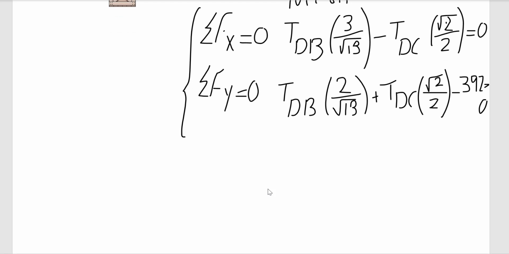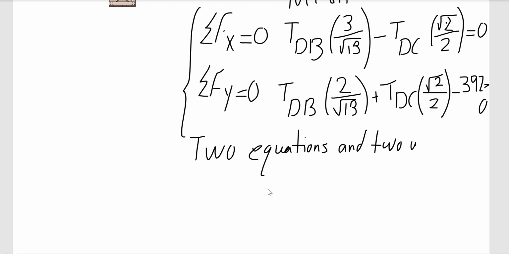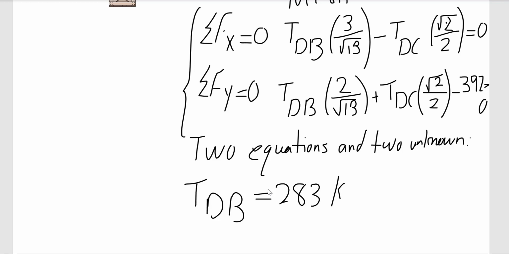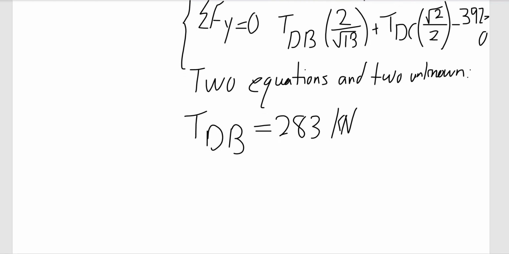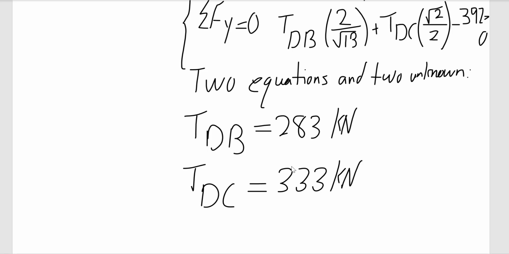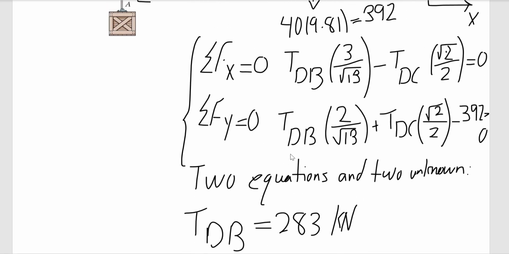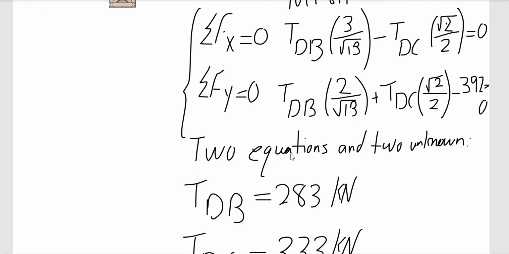After solving two equations and two unknowns, TDB is 283 kilonewton and TDC is 333 kilonewton. So I found the tension in the two ropes or two members, but that's not what the problem is asking for.